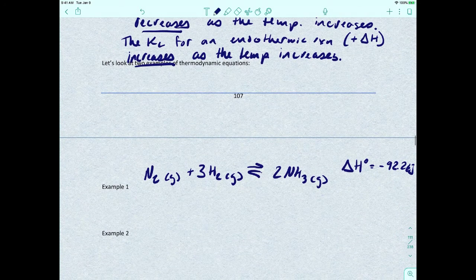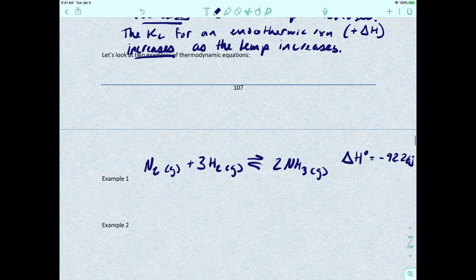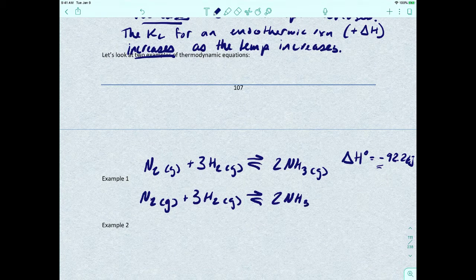This is what a thermodynamic equilibrium equation looks like. Another way to write this: since this is a negative value, we know this is an exothermic reaction, so that means the energy is part of the products. So we could also write it this way, where that value is directly in the equation on the product side. So it will be 2 moles of NH3 plus 92.2 kilojoules.